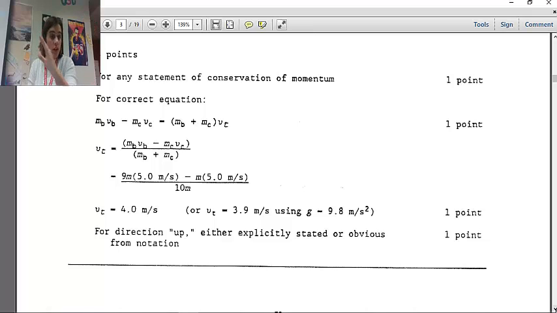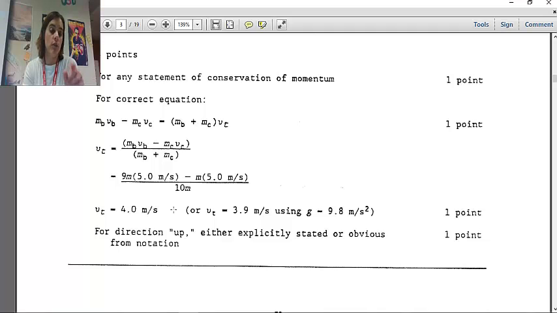Writing out the equation in full like they have here, the m_B v_B minus m_C v_C equals the sum of the masses times the final velocity, that also counts for that statement of conservation of momentum. So just writing that statement alone would get you the point for the statement of conservation of momentum. Then solving for the correct velocity gets you a point.